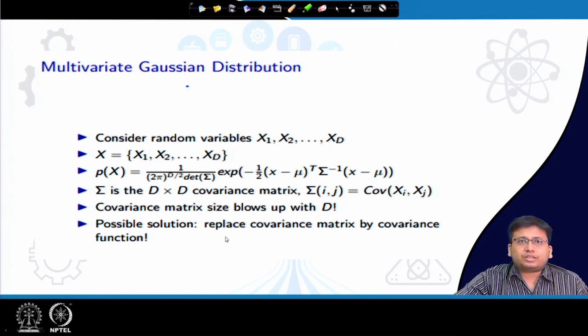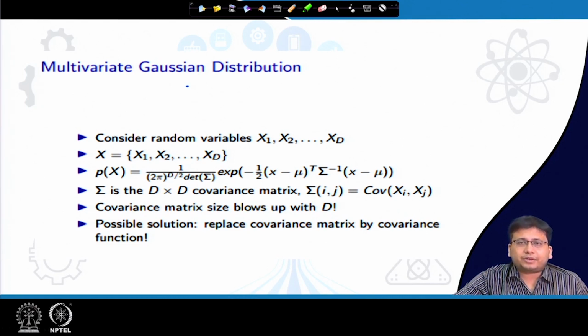So, the solution in that case is to replace this kind of a covariance matrix by what is called a covariance function. Now, what is a covariance function? The covariance function is that instead of having to store the covariance between different variables, what if we can somehow express that covariance using some kind of a function.